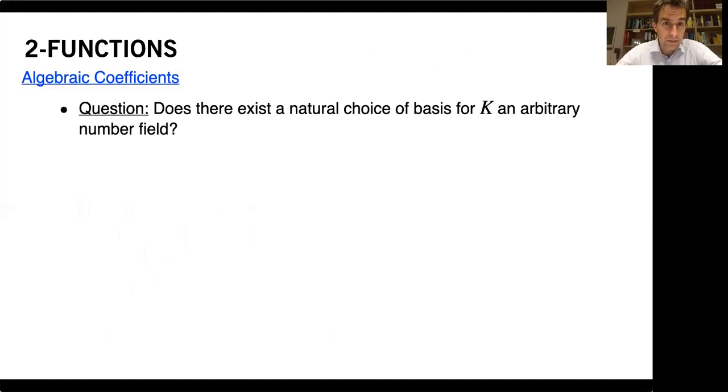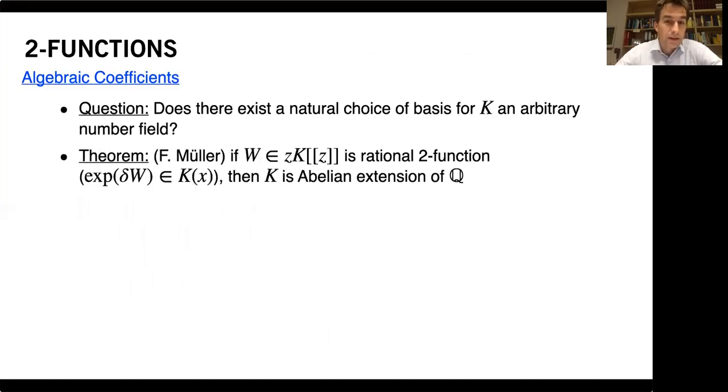And the theorem, which is really great, I think, is that if you have a rational S function, then the coefficients are in an abelian extension of Q. In other words, you just can't have any rational S function with coefficients in a non-abelian extension.